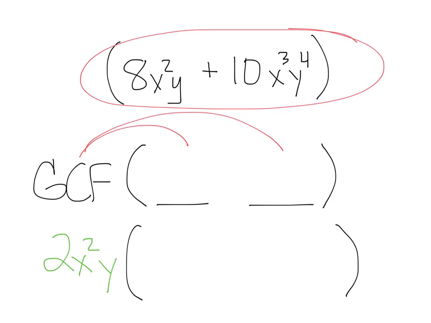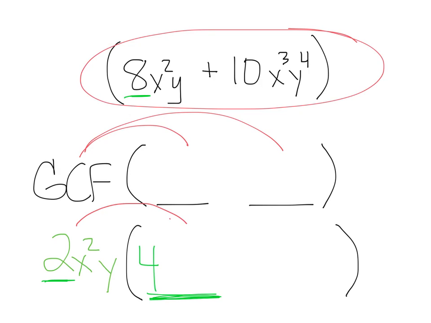Really, all we're thinking about is what value can we put in here, this empty spot, so that when we multiply 2x squared y by that value, we'll get back 8x squared y. So we have a 2 on the outside, and we need to get to 8. So what do you multiply 2 by to get to 8? In this case, it's going to be 4, because 2 times 4 is 8.